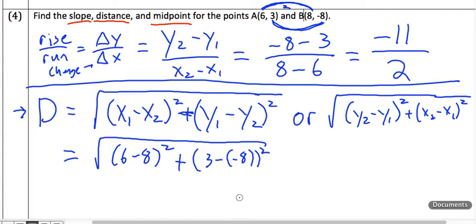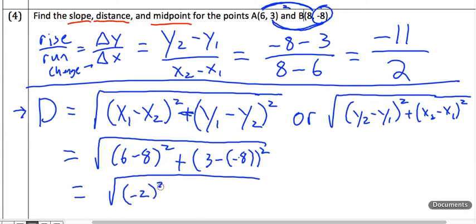So it's super important: if this value is negative, you need to include that negative symbol, plus you need to include the minus symbol that's part of the formula. So there should be 2 negatives right there. Let's start simplifying. 6 minus 8 is -2, so we're going to have -2 squared. And then 3 minus -8, minus minus ends up being addition, so that's 11 squared.